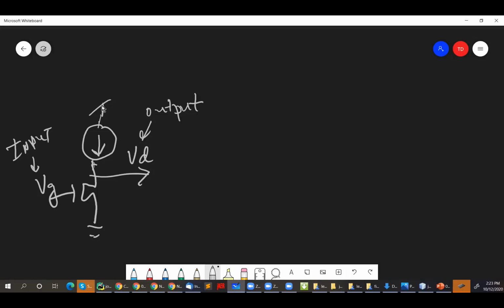What you can do is this. First, assume that you have a steady state input of some VG. Sorry, I'm going to erase this now. Assuming that VG is constant, you're going to have another current source at the bottom, and this is ID set, right?